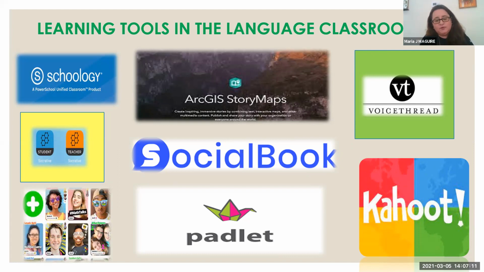So this was a good opportunity to start using them. I'm sure that some of these are familiar to you, or if it's not one of these, I'm sure you know many others that are very useful. Kahoot, VoiceThread, Padlet, Flipgrid, Schoology, and the ones that we're going to be hearing about today, Story Maps and Social Books.